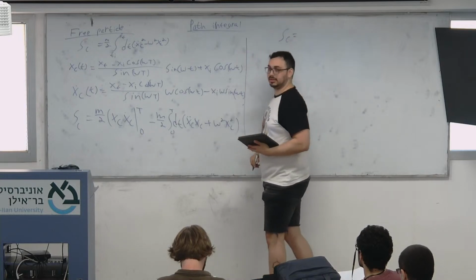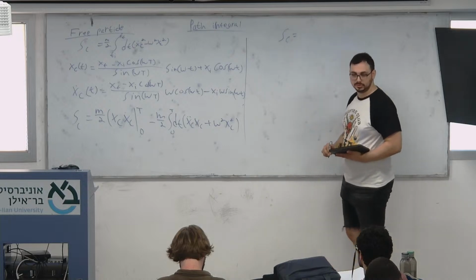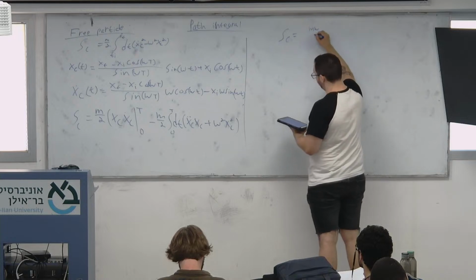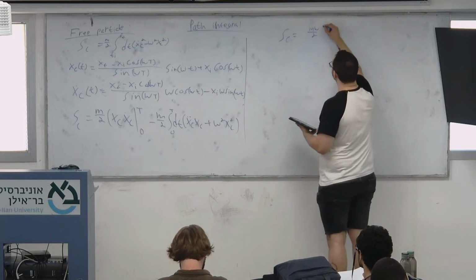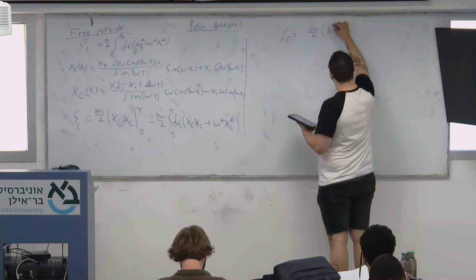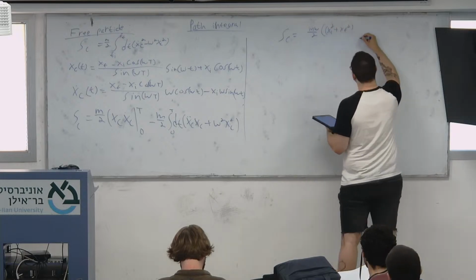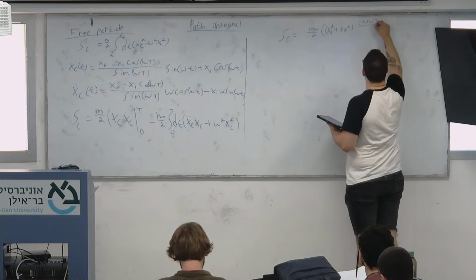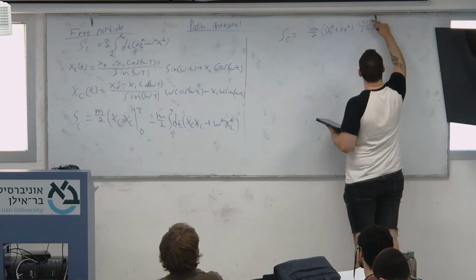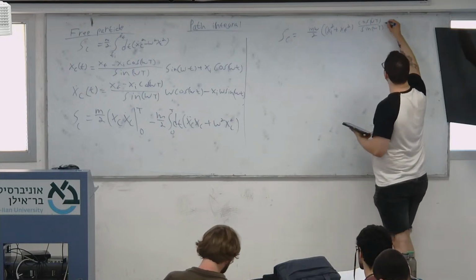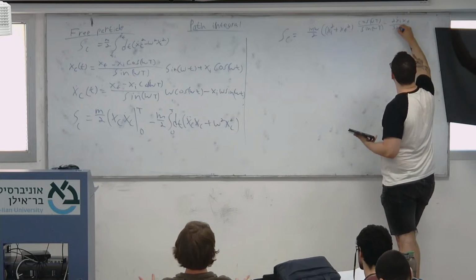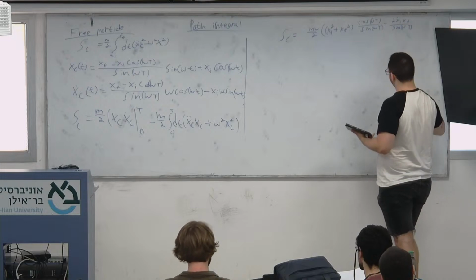And this I can really open it up and calculate this for you. It's very long, so I'm just going to give you the answer. It's equal to m omega divided by 2, x I plus f squared. Alright.